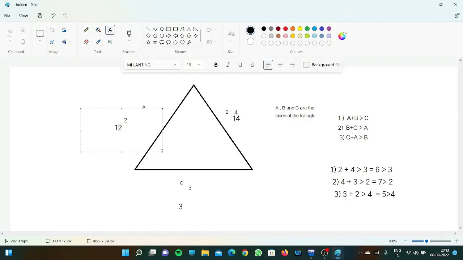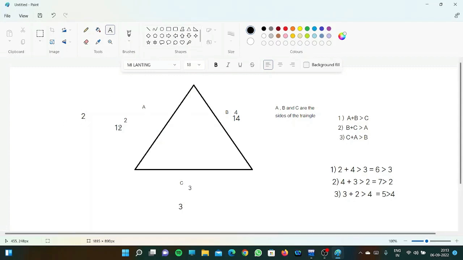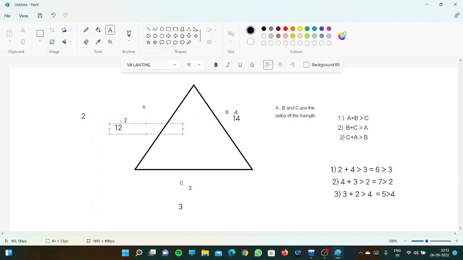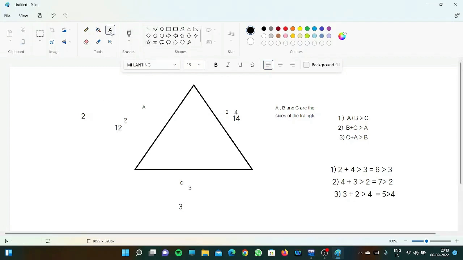Just consider that this side is 2. Let me just erase only.